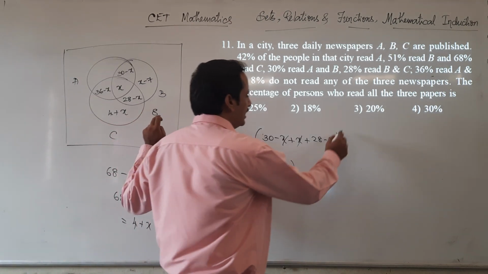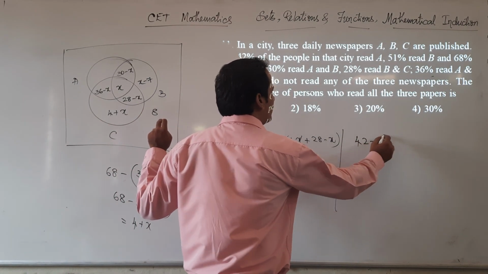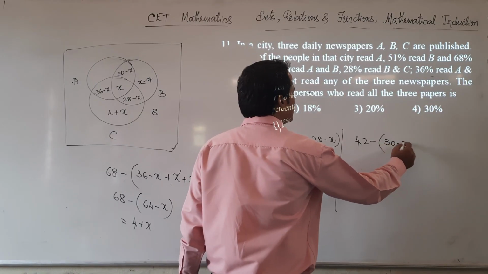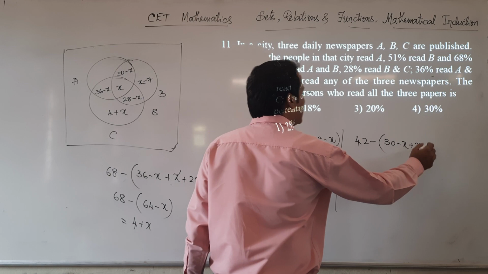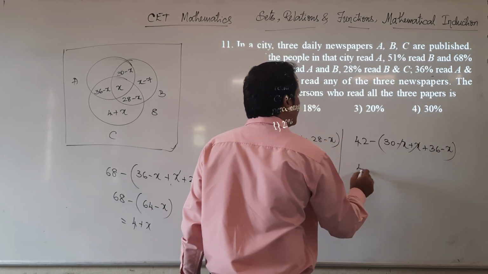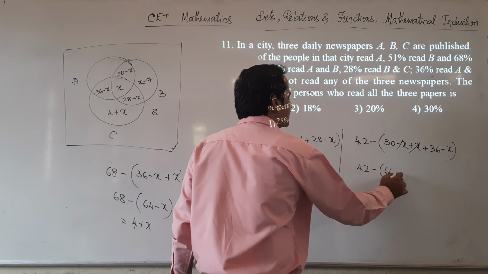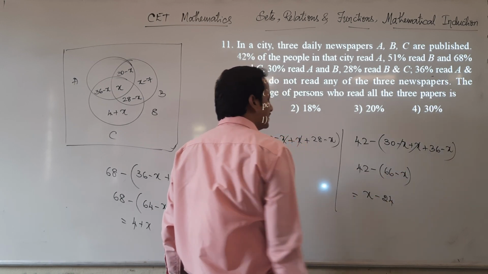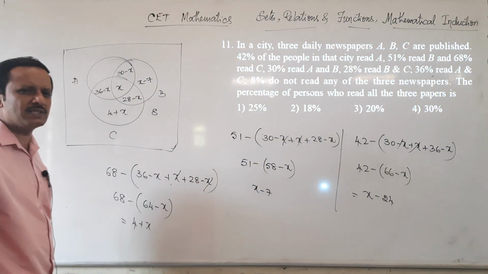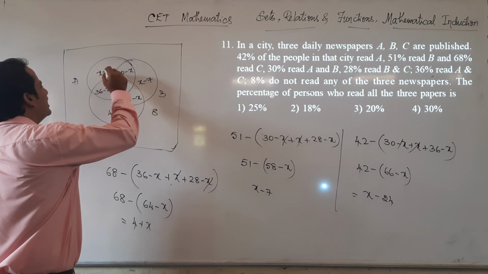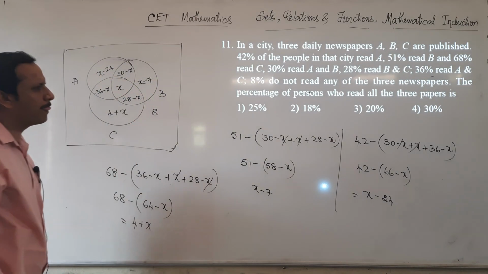So that difference should be 42 minus of 30 minus X plus 36 minus X. So this will give you 42 minus of 66 minus X, which is equal to X minus 24. 66 minus 42 will give you 24. So this will be X minus 24.